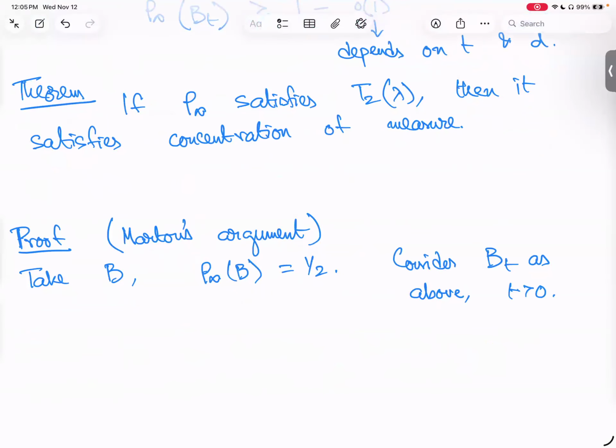Now I'm going to consider two different probability distributions.